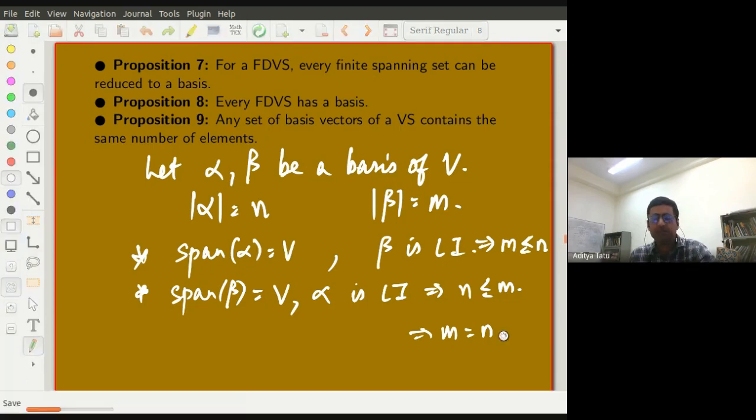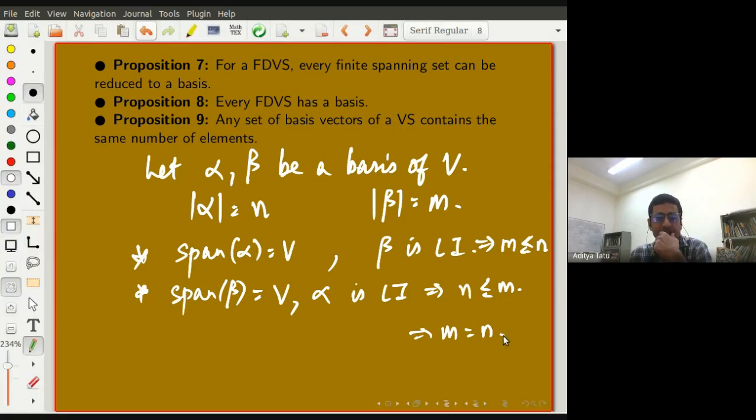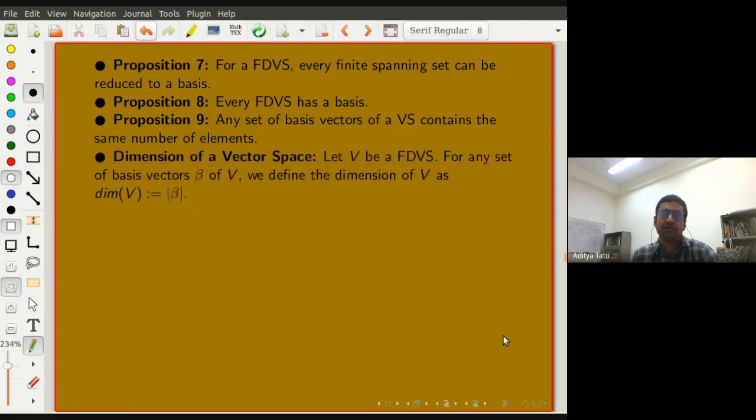This is an important property of a vector space, and this is what is called the dimension of a vector space. If V is a finite dimensional vector space, then for any choice of basis vectors, the number of elements in that basis set is called the dimension of the vector space. All right, is that understood?